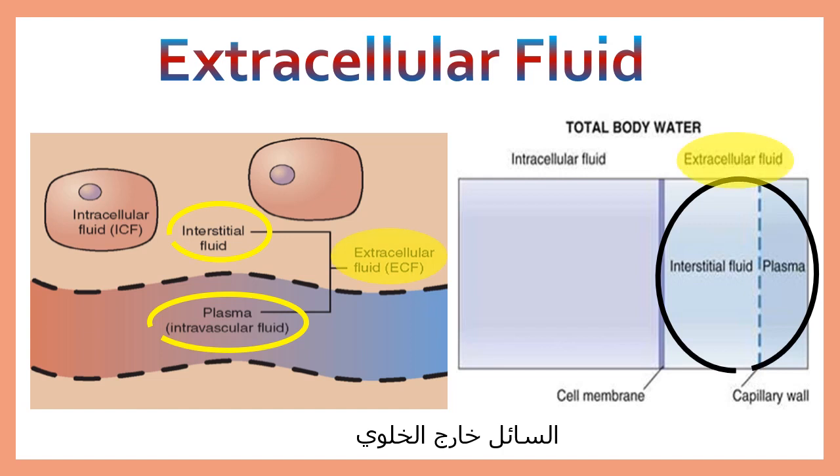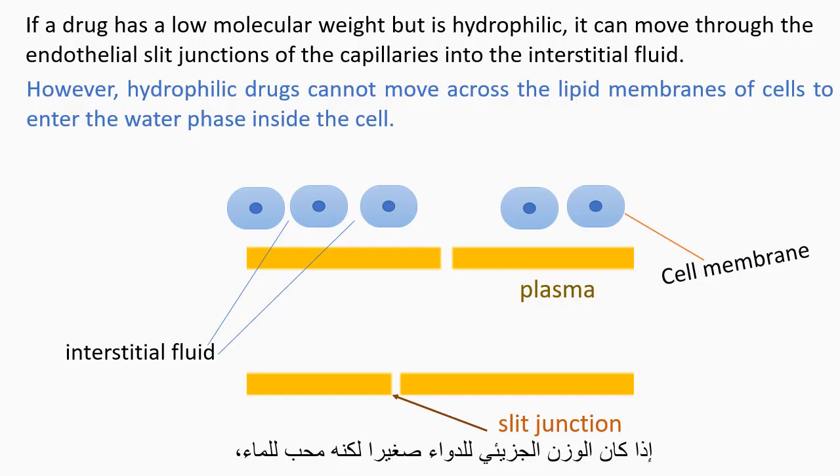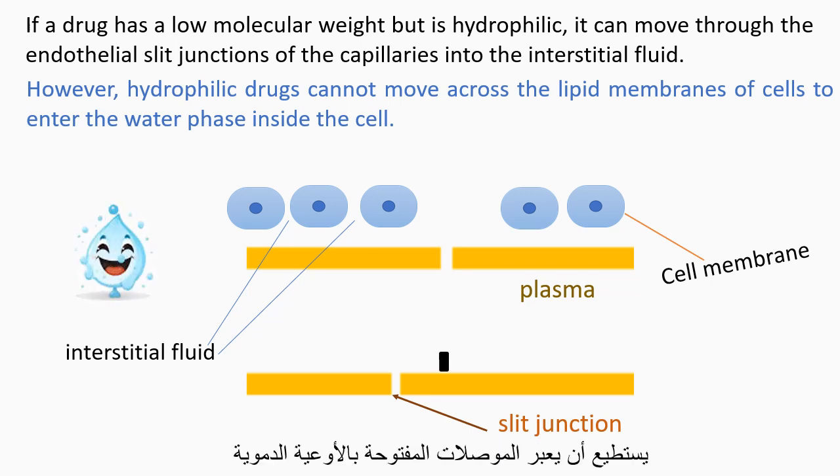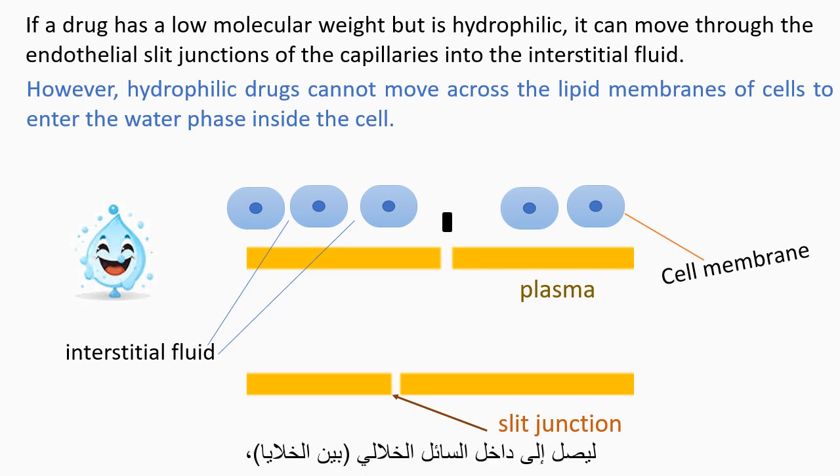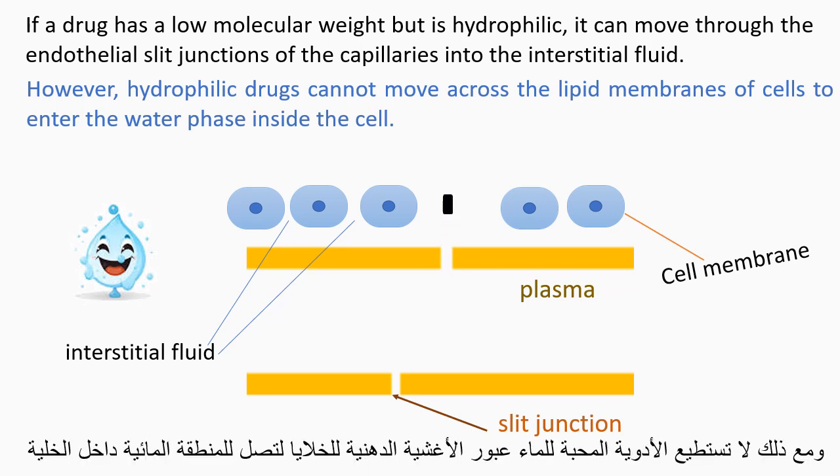Extracellular fluid. If a drug has a low molecular weight but is hydrophilic, it can move through the endothelial slit junctions of the capillaries into the interstitial fluid. However, hydrophilic drugs cannot move across the lipid membranes of cells to enter the water phase inside the cell.